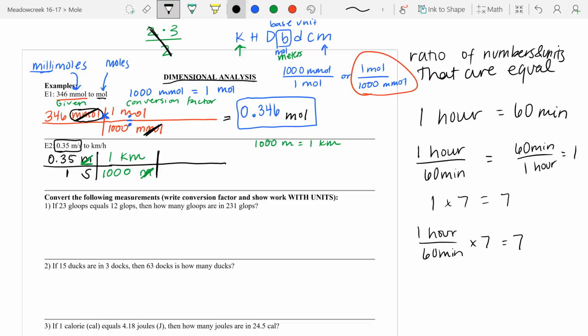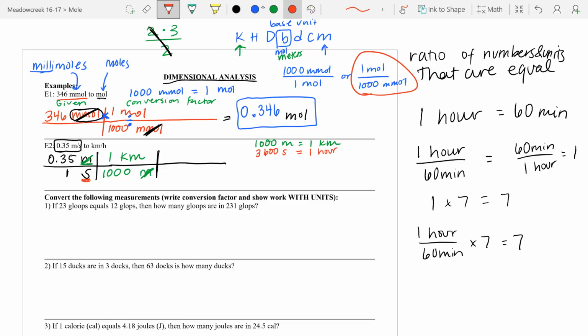So now we know we're in kilometers per second, but I need to go from seconds to hours. So let's do a second conversion chart. We know that there are 3,600 seconds in 1 hour. So when we do this, we know that we need our seconds to be opposite of where they are currently.